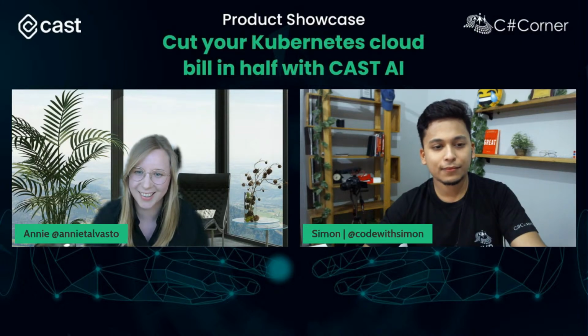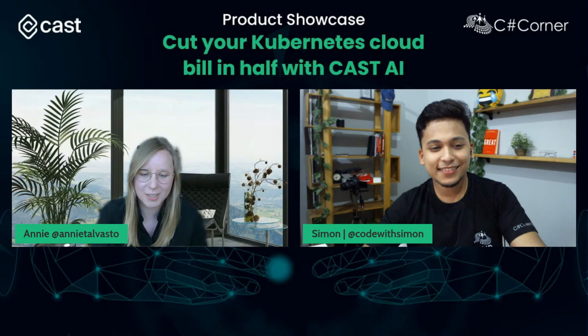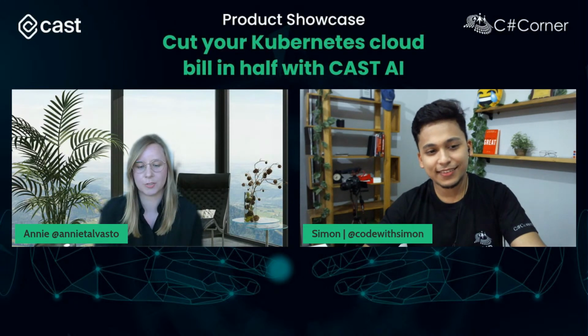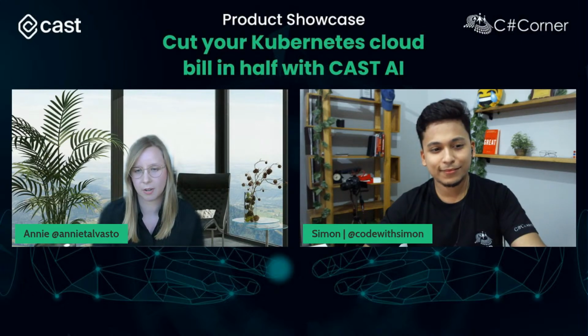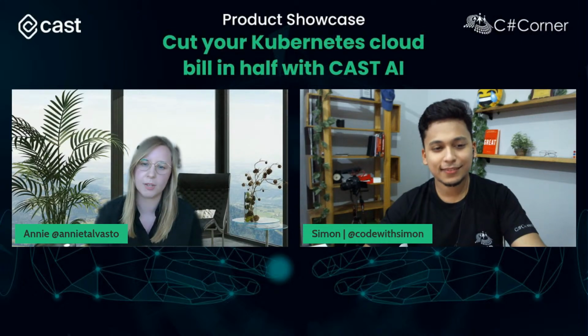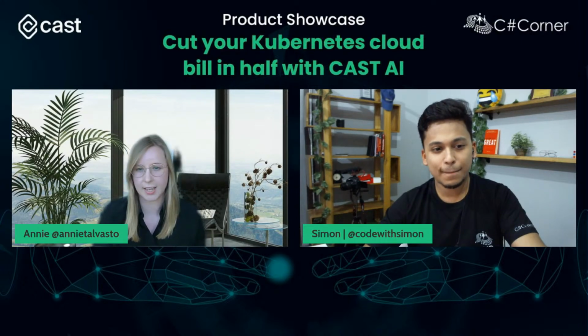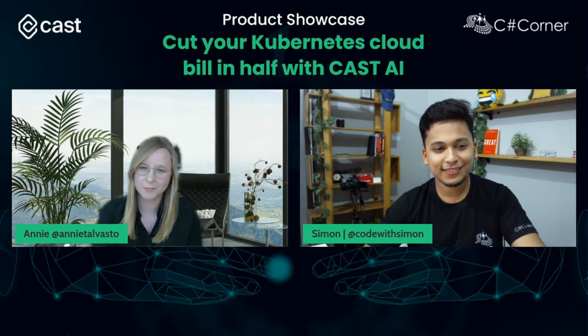That's the gist of it. What it actually means is that we are building the industry-leading cost optimization platform for Kubernetes. At the moment, we have the best offering for AWS EKS, and we will come up with the GKE and the AKS version very soon.